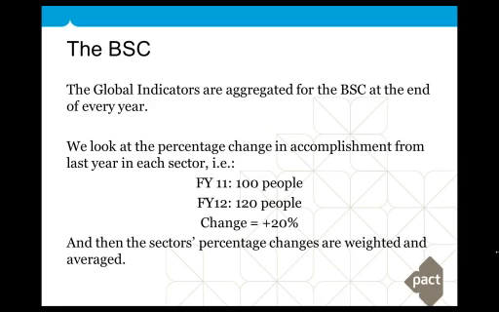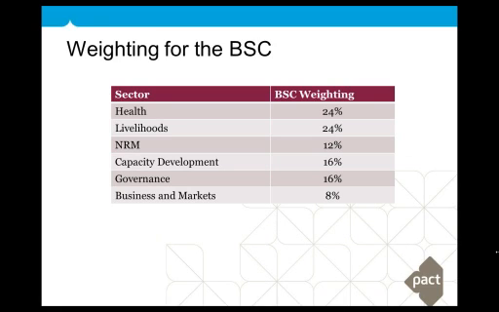So for example, if in FY11 we helped 100 people have improved access to health services, and in FY12 we helped 120 people improve their access to health services, the change was 20% in that particular sector.